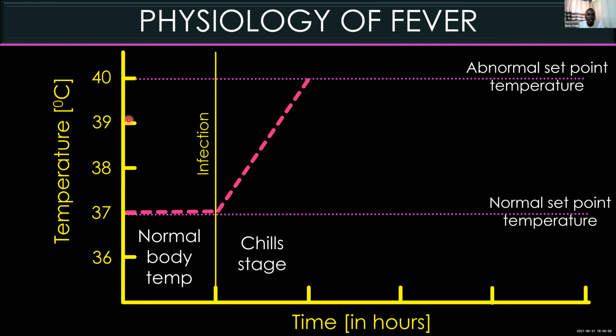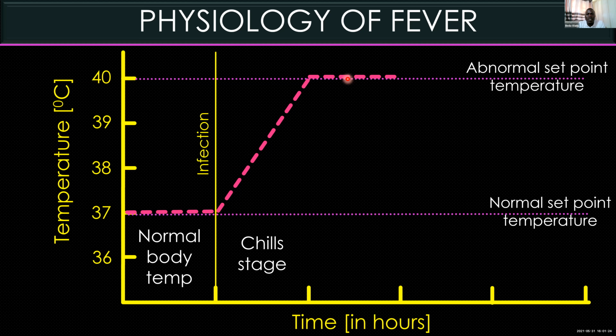See, there's a time that the body temperature could be 38. That's a high temperature, to be honest, but the person is still saying, I'm feeling very cold, because it is lower than 40. It could be 39. The person is still saying, I'm feeling cold. It is until that body temperature reaches the abnormally reset temperature that the person will now feel better.